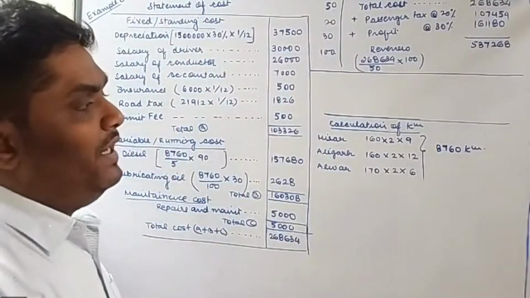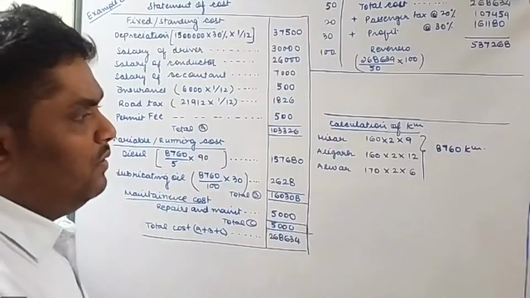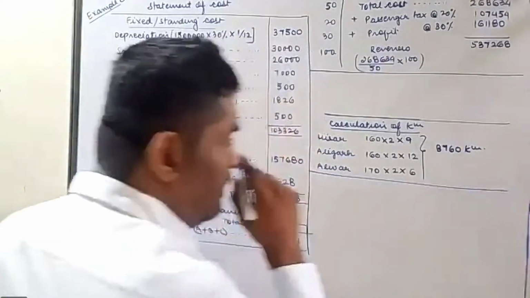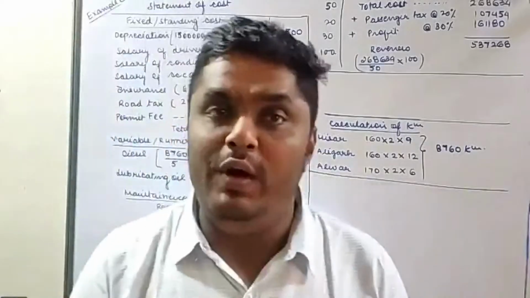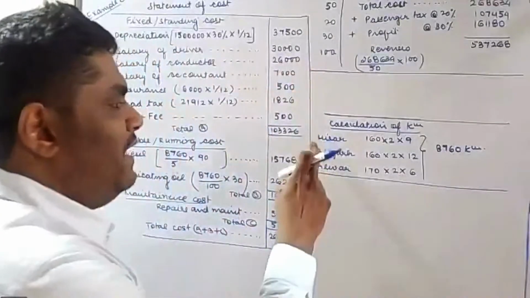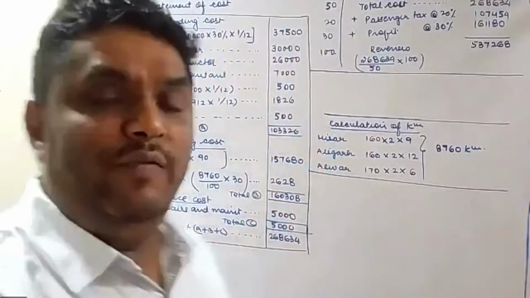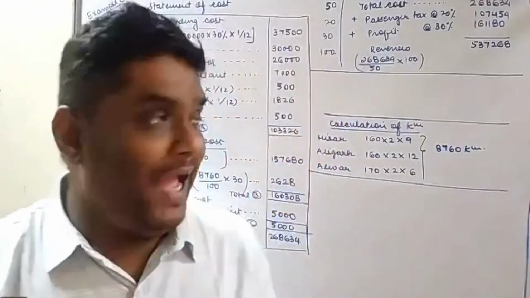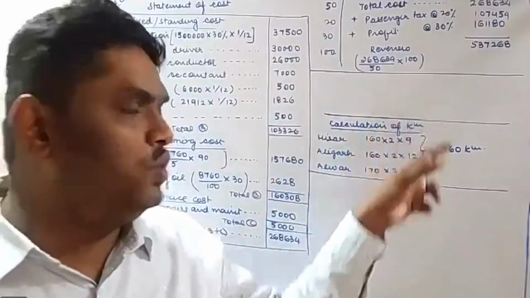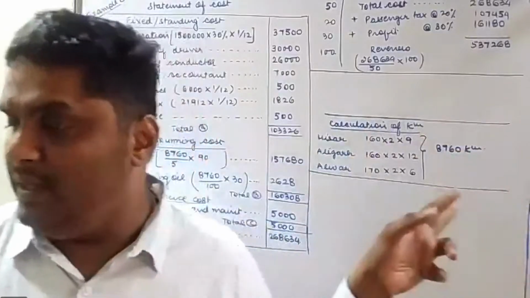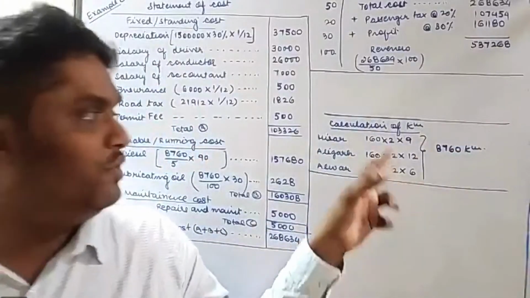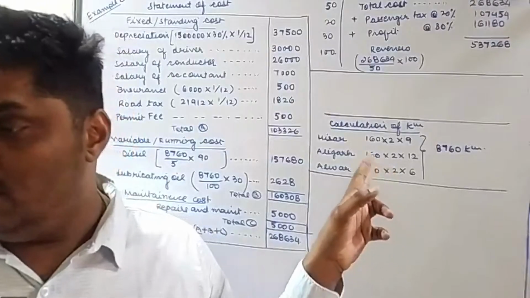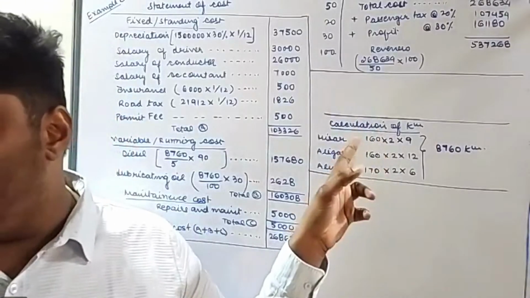Now let's calculate the passenger kilometers also. Since we have to calculate the fare for Hisar, Aligarh and Alwar, we need to calculate the passenger kilometers also. I'm erasing this calculation, so those who want to copy this part can please copy, because space is constant.